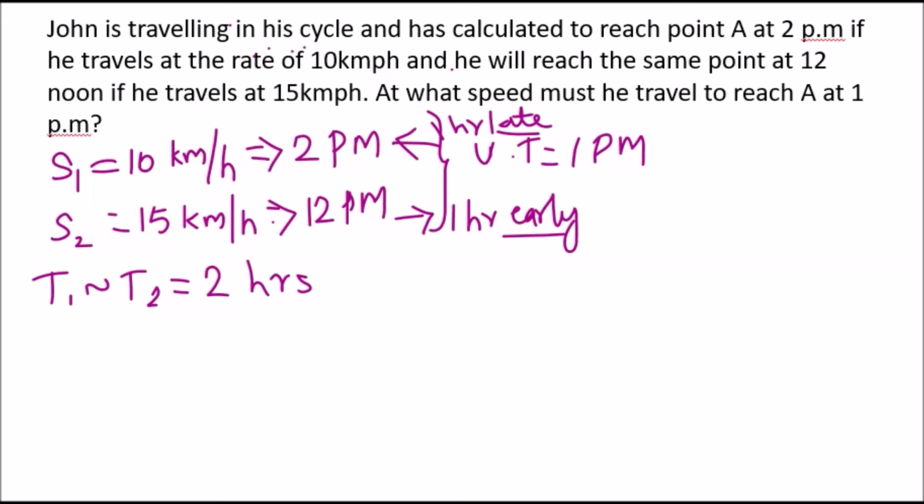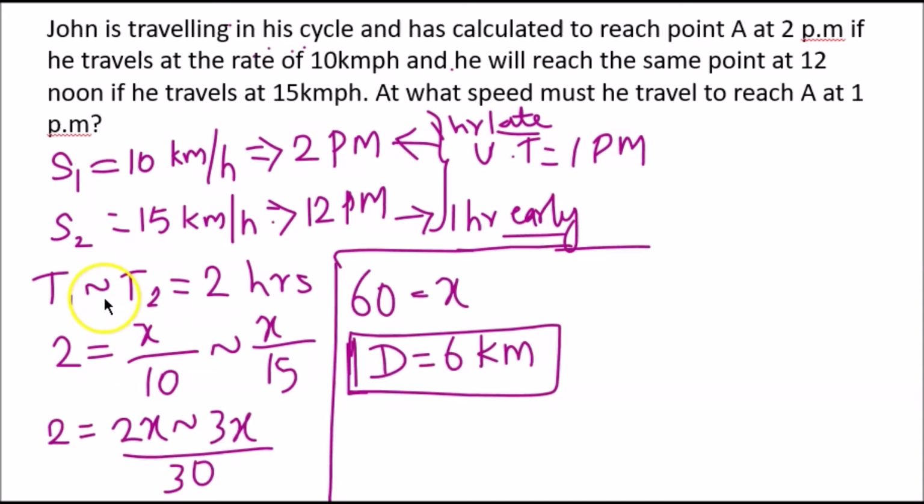To find the actual speed, we have to find the actual distance. Like in the previous problems, we know t is equal to distance by speed, so let's take the distance as x kilometers. Here the time difference is 2 hours.